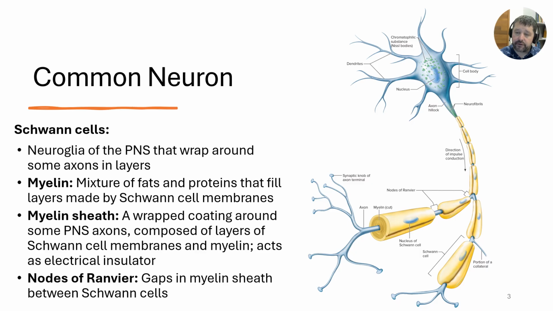The node of Ranvier is a region where there are no Schwann cells and no myelin sheath, so it's bare axon, and those are the sites where ions can move across.